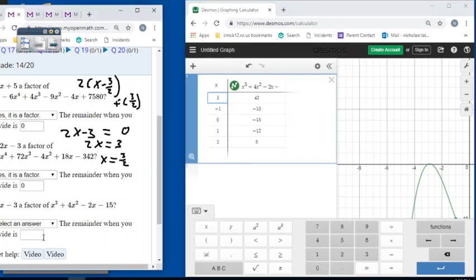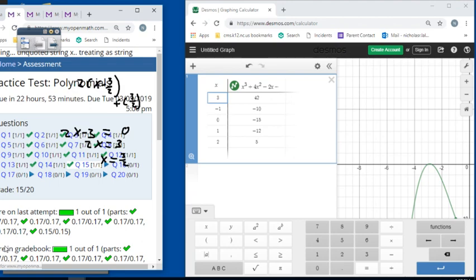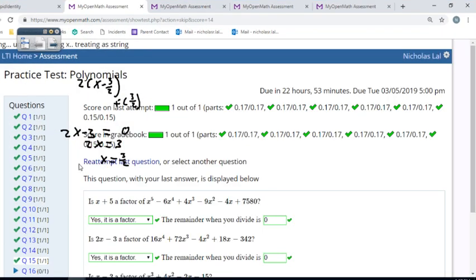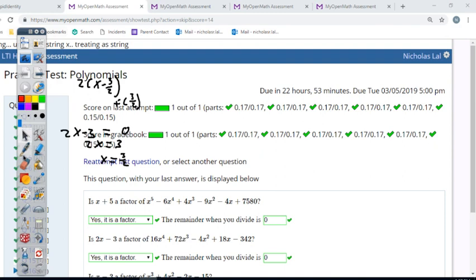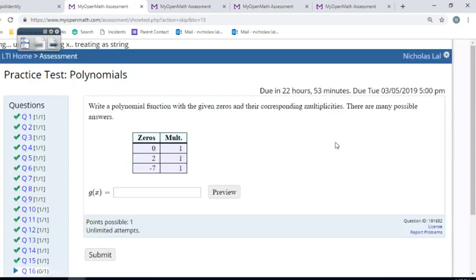F of positive 3 is 42, and if your term is not a 0, when you set your factor equal to 0 and solve for x, if that x value does not output a 0, then that term is not a factor. So this is not a factor. So I've done my answer for all three. I'm going to hit submit. I am right on all of them. So that is excellent. Let's clear annotations and move on. Question 16. All right.